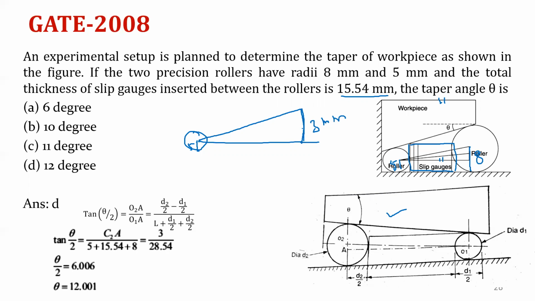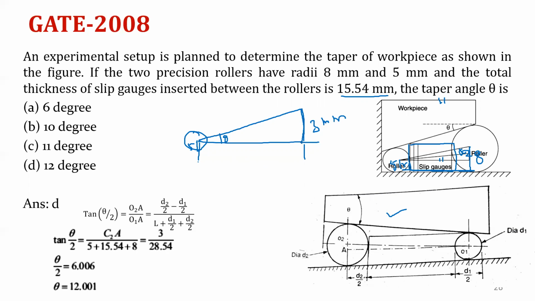This is 3 mm. So tan theta is equal to opposite side by adjacent side. The adjacent side is the slip gauge length, plus up to this it is the radius of the bigger roller, and up to this it is the radius of the smaller roller.